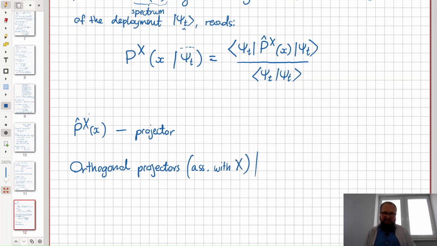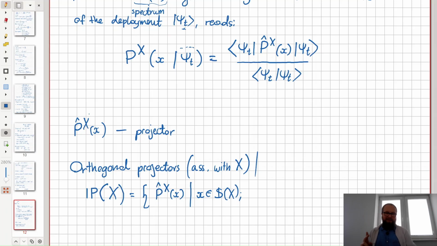So we have this set. I will use math BBP, X, because it is associated with X. So this is a set that's populated by this kind of dudes, such that x, the argument, is of course taken from S, from the spectrum.